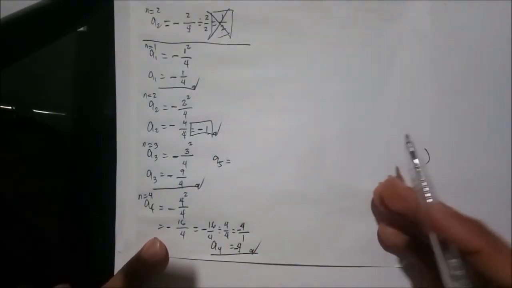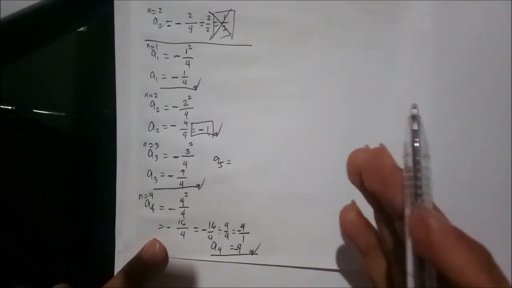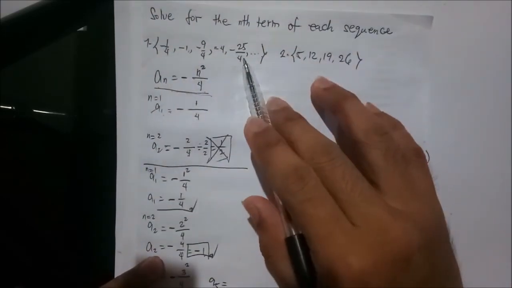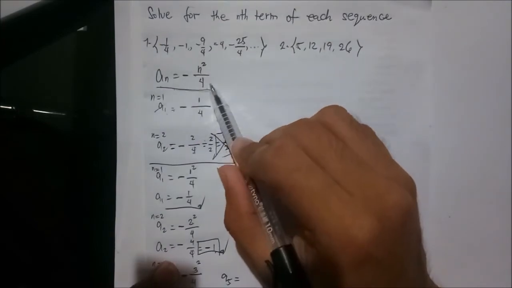This is the last judgment that your n term is correct, if the given a sub 5 is negative 25 over 4. So let's try.